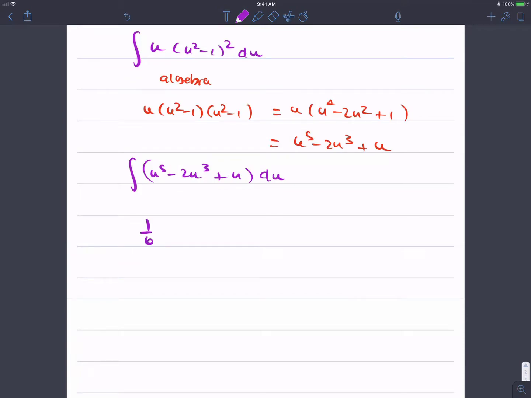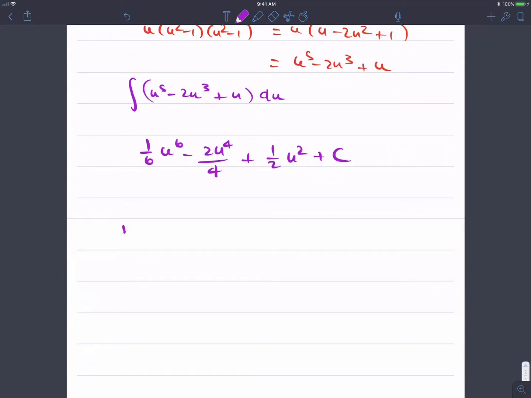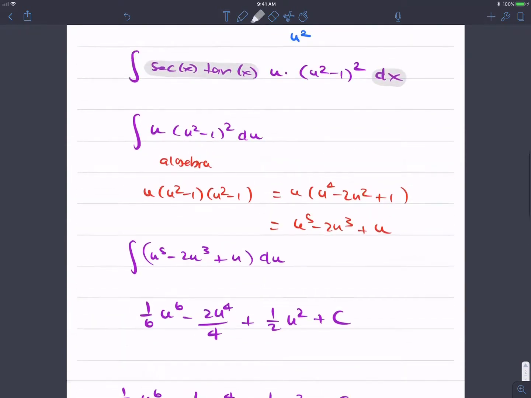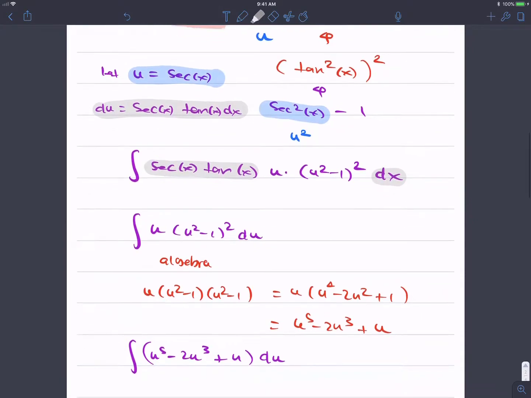Okay, 1/6 u to the 6th minus 2u to the fourth over 4 plus 1/2 u squared plus this c. So I'll now get 1/6 u to the 6th minus 1/2 u to the fourth plus 1/2 u squared plus c. Now remember what u is: secant.